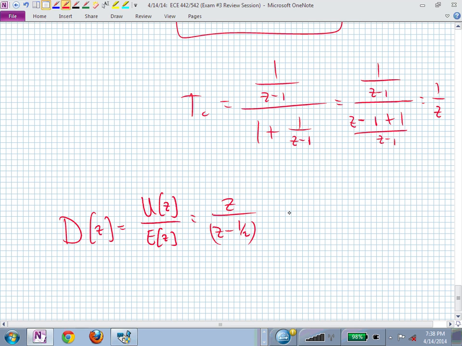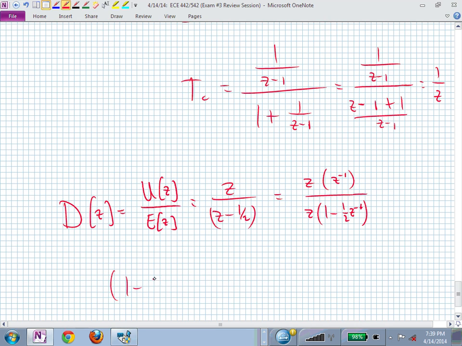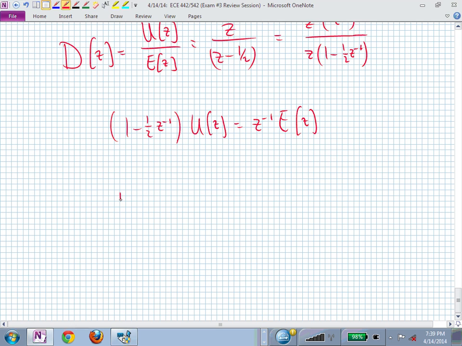And if you factored out a Z from top and bottom, and now if I cross multiply, I now have U of n is equal to 1/2 U of n minus 1 plus E of n minus 1. Did I do that right?